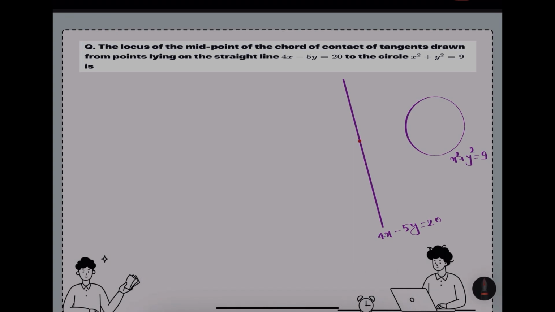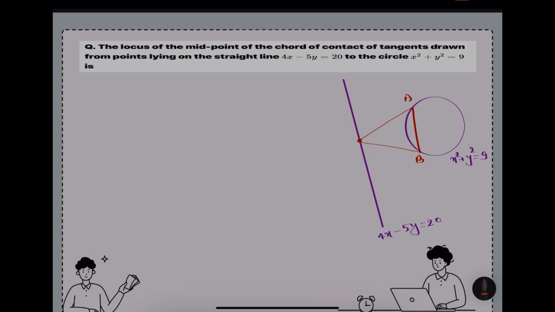Suppose that you have considered this point and you have dropped down one of the tangents. So you got this as chord of contact. Suppose it is A, suppose it is B. So you have to find the locus of midpoint of the chord of contact of the tangent drawn from the points lying on this line.